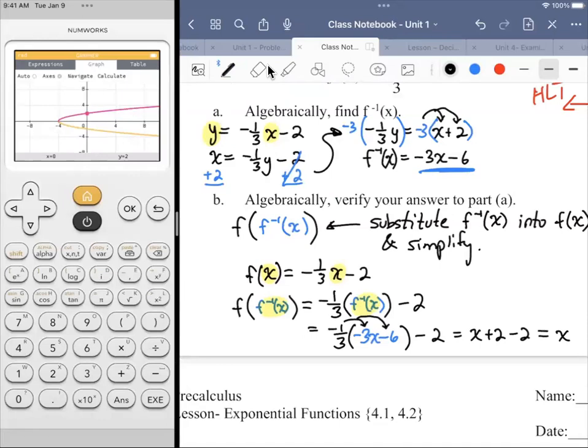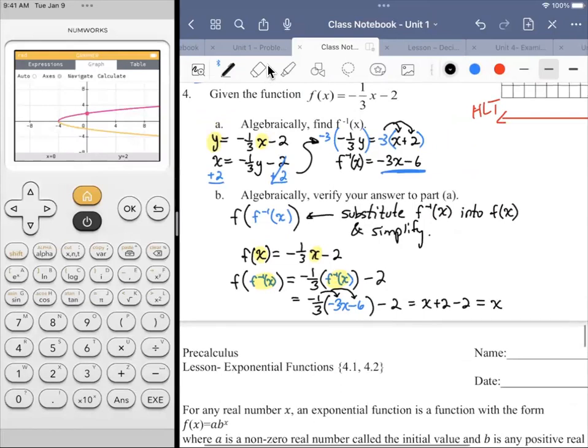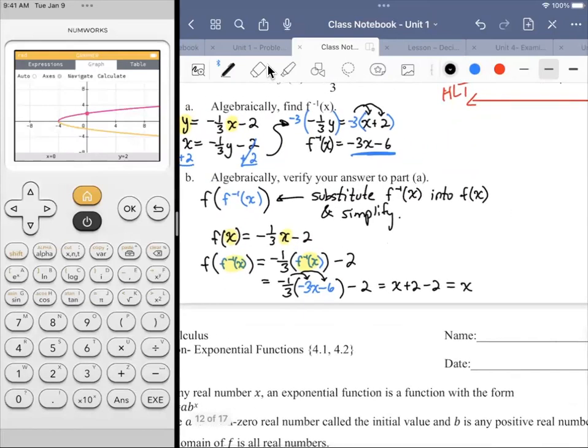All right, so what we get out of this is a rule. F and inverse of f, they are in fact inverses if the result is equal to x. All right, so a rule: if you plug a function into its inverse or plug the inverse of a function into the original function and you get an x as a result, then those two functions are confirmed to be inverses.